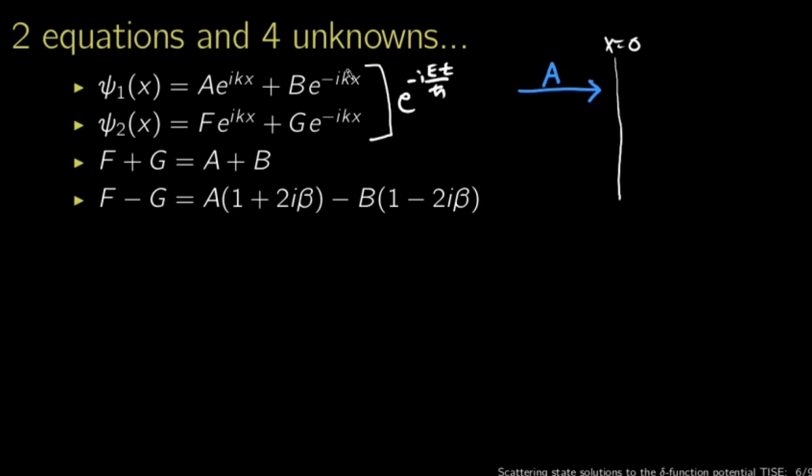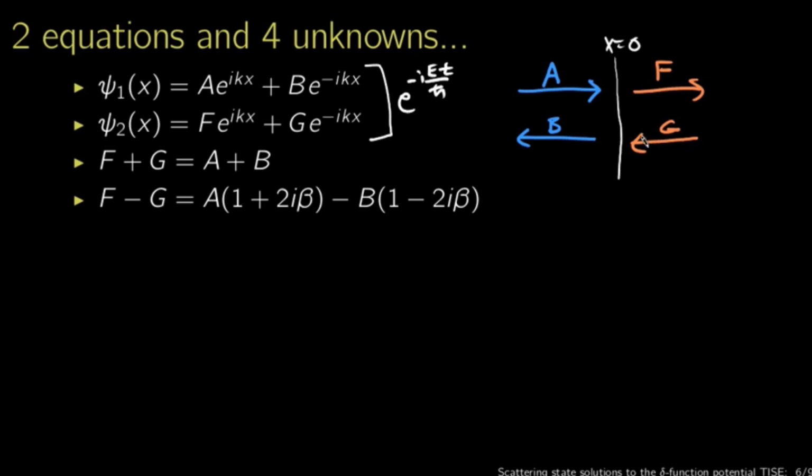Conversely, the term with b in it here is associated with e to the minus ikx. That represents a wave traveling away from our boundary with amplitude b. Likewise, in region 2, where we have f and g, we have a wave f traveling away from the boundary and a wave g traveling towards the boundary.